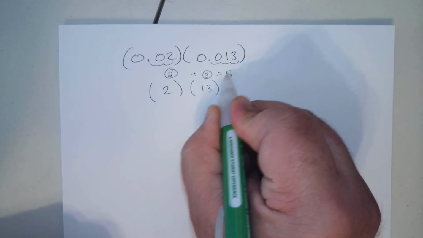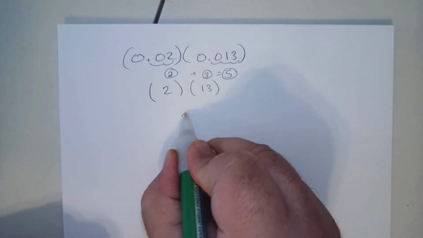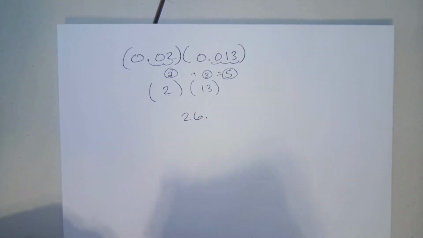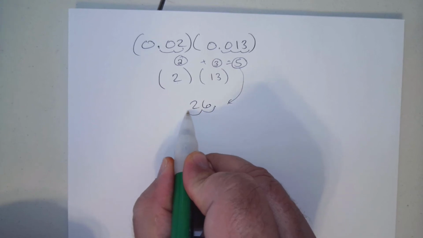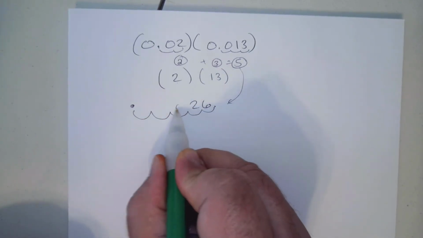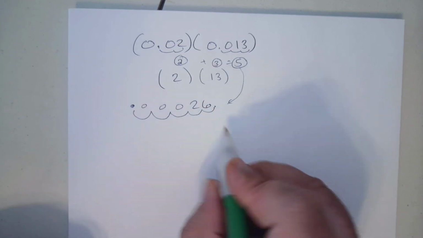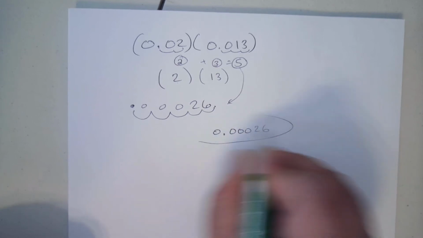So I have to put back 5 decimal places. 2 times 13 is 26. Remember, the decimal's back at the end. I have to put back 5 spaces. 1, 2, 3, 4, 5. So there's a 0, there's 0, there's 0. So the answer is 0.00026.